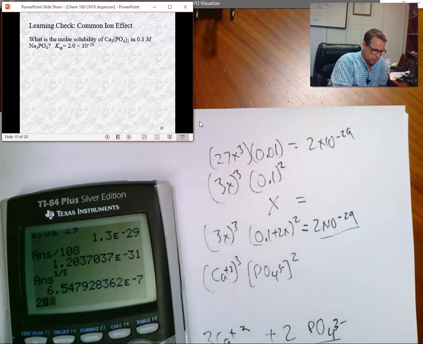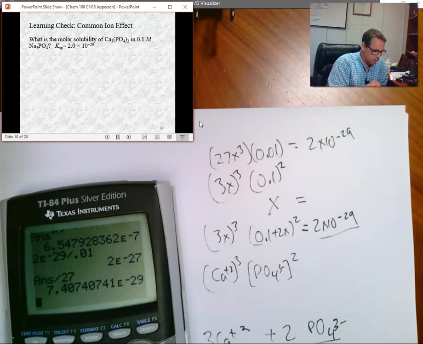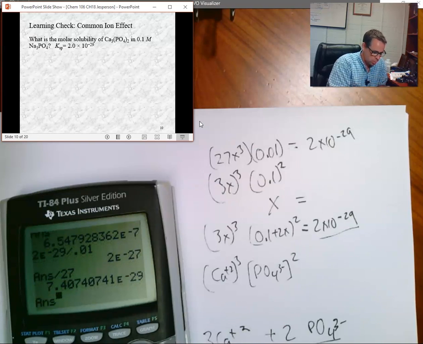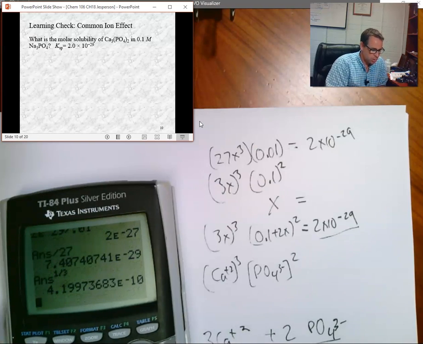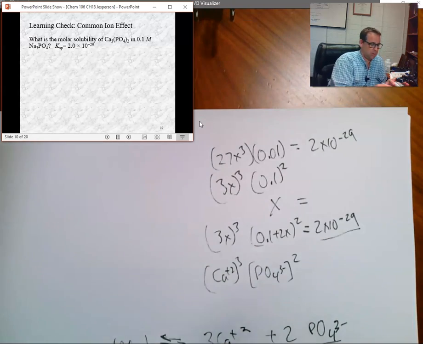So 2 times 10 to the minus 29, I'm just going to divide it by 0.01, and then I'll divide it by the 27, and then I want to take the cube root of it, so to the 1 over 3 power, so x is 4.2 times 10 to the minus 10.